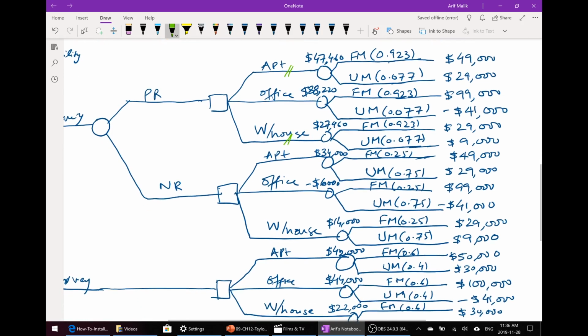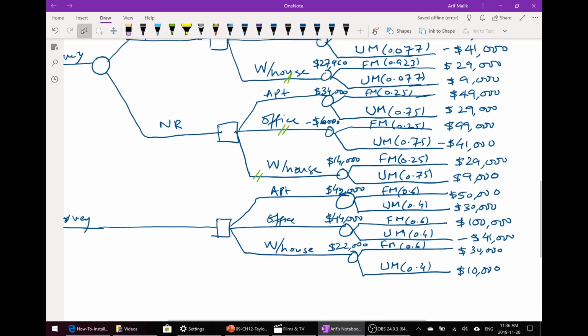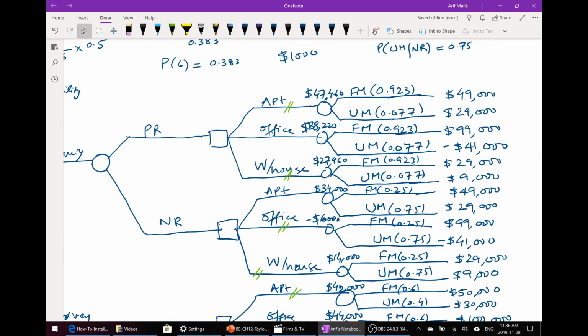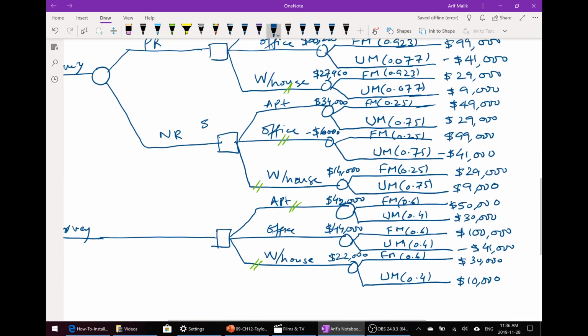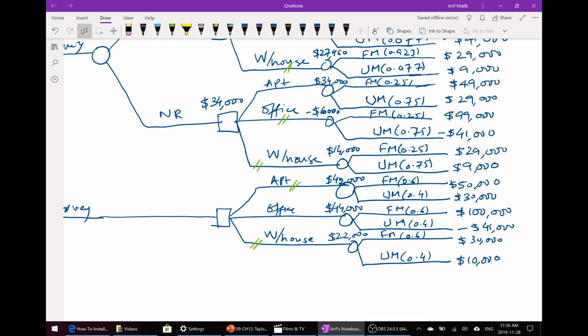And similarly in the negative report, the maximum is coming from apartment building, so we discard office and warehouse. And down there the best is office, so we discard apartment and warehouse. And then we put the best values here. The best values are $88,220 and $34,000, and this one is $44,000.